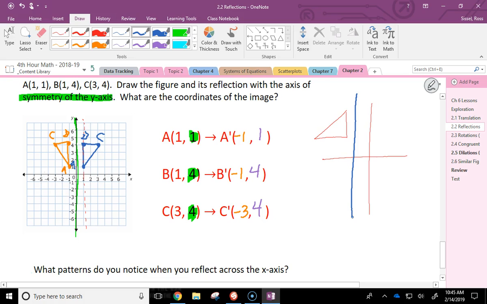What we're going to see is I'm still using it up and down, so my y-coordinates will still stay the same. The y-coordinates would not change. The x, though, wouldn't just change and flip. We're going to have to look at flipping them, but then seeing what is this distance, and you're going to add or subtract it. Okay, so just get used to that for the future. We're not to that part yet.